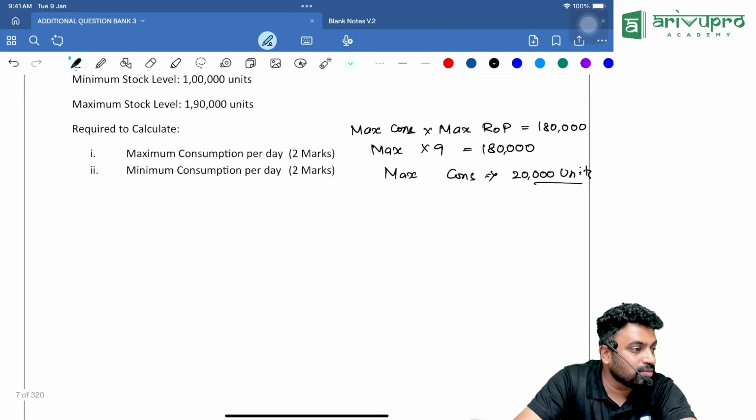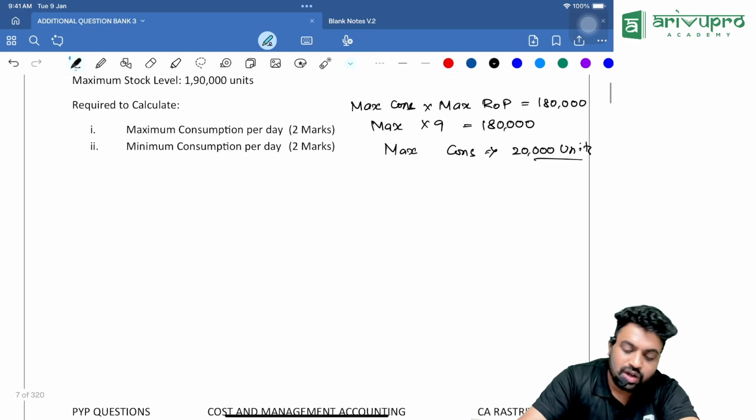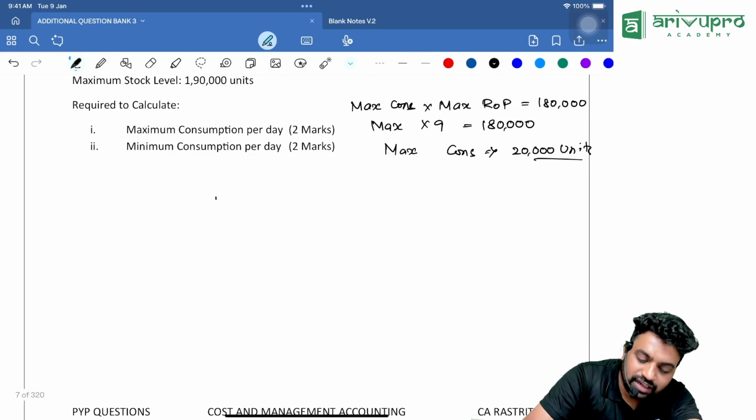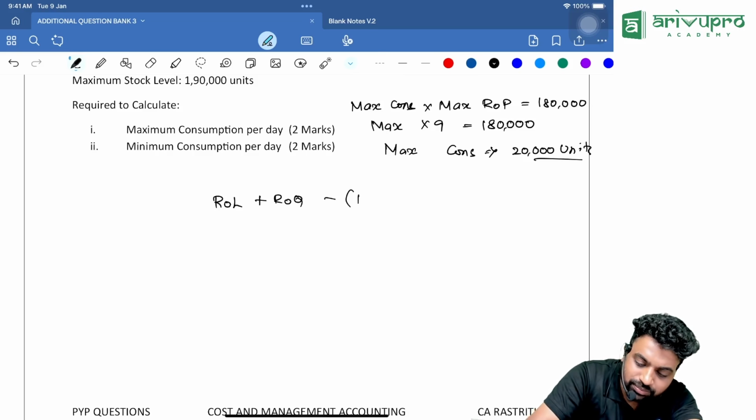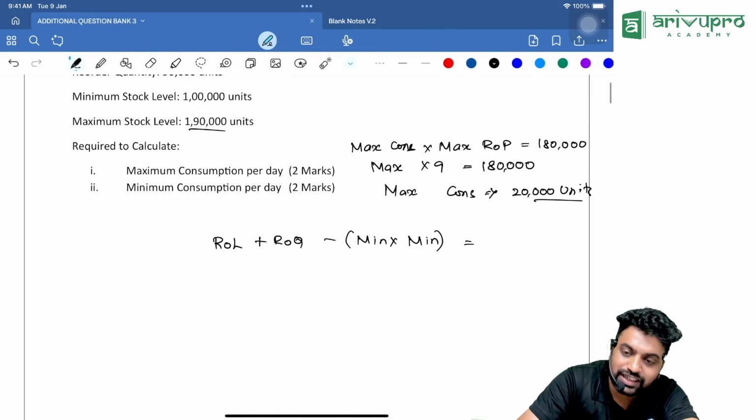Next they are asking minimum consumption per day. Minimum consumption also we will use in only one formula, that is maximum stock level. What is the formula for maximum stock level? Reorder level plus reorder quantity minus minimum consumption into minimum lead time. Here they are telling maximum stock level is 1,90,000.